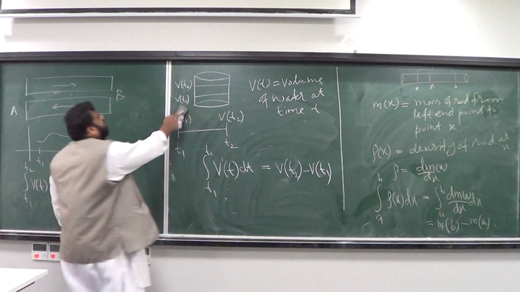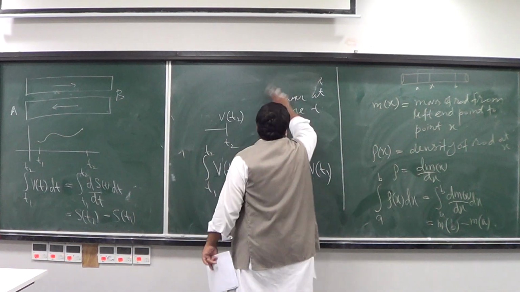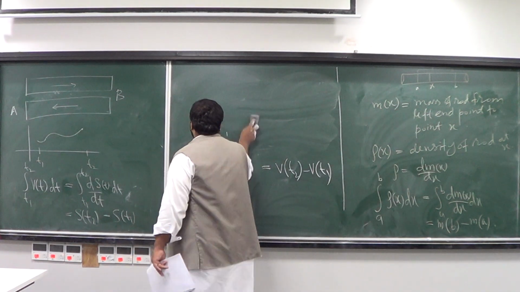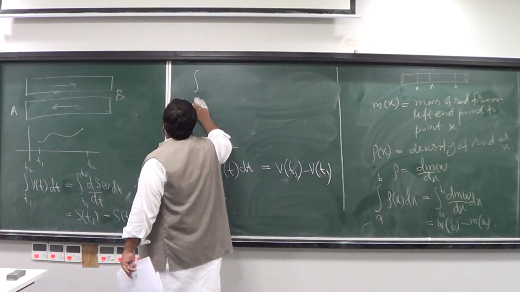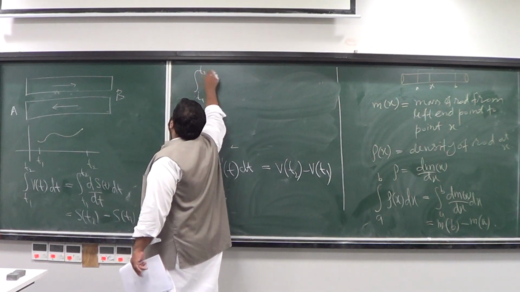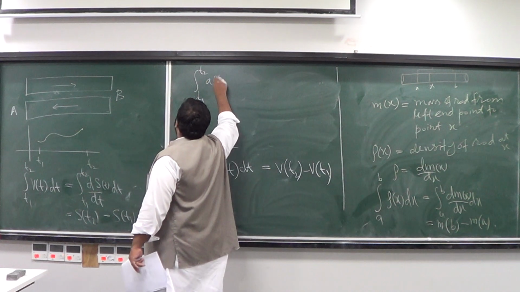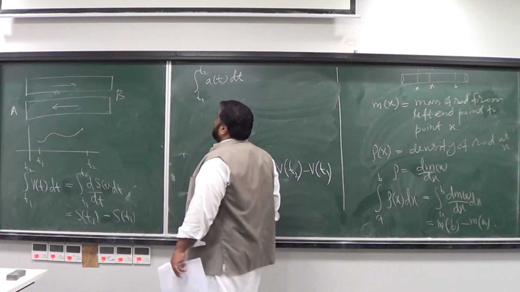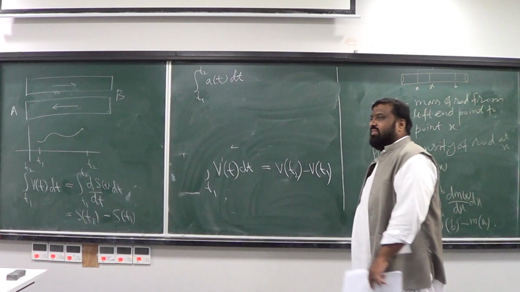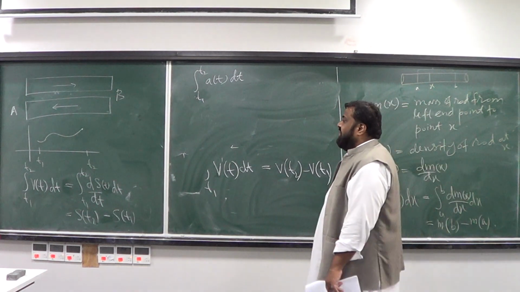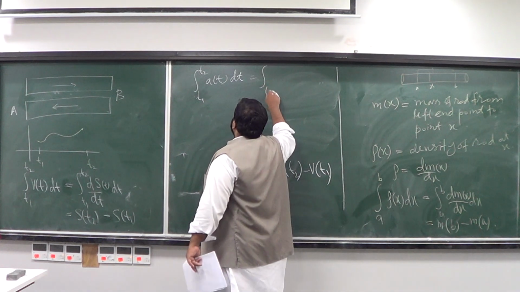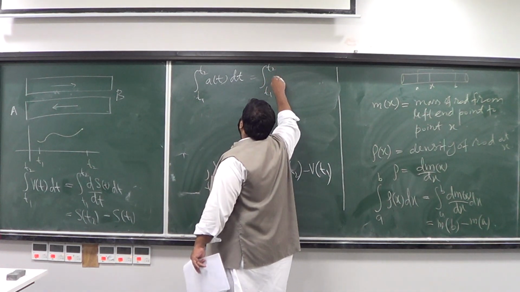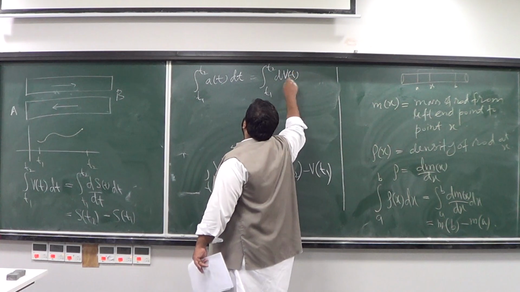You can also think about it as acceleration. What if I sum up all accelerations from instant t1 to t2? I know that the acceleration is the change in the velocity.